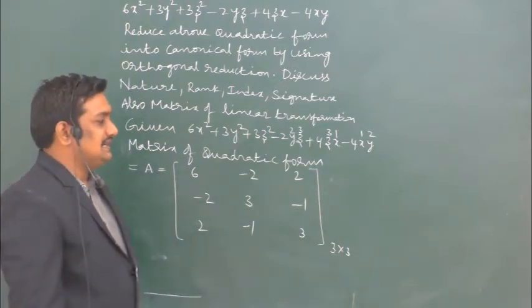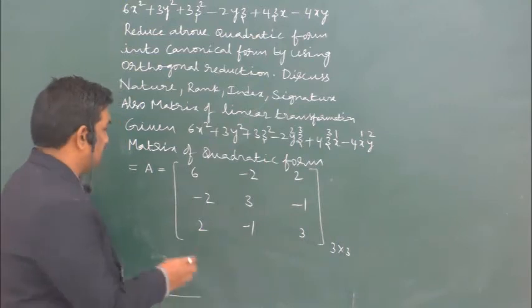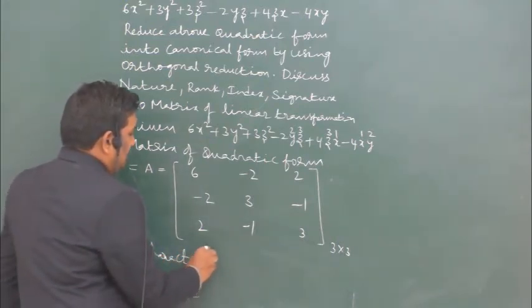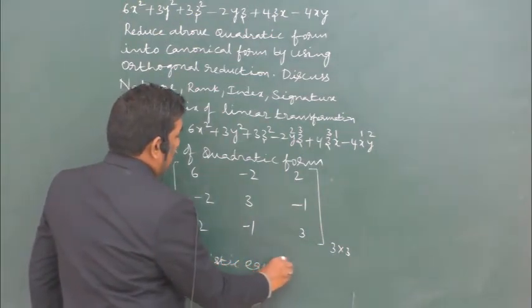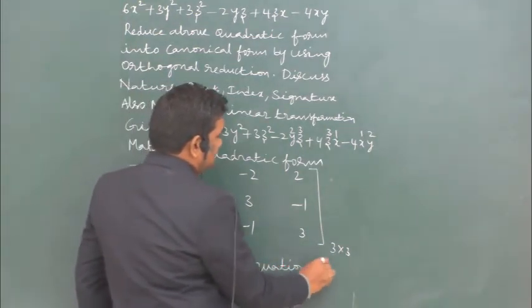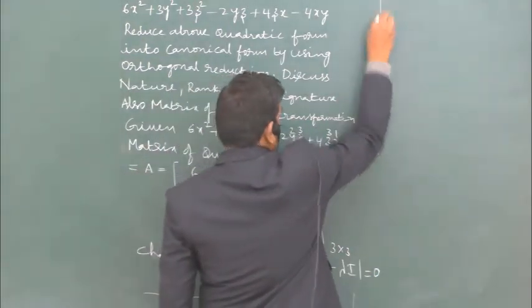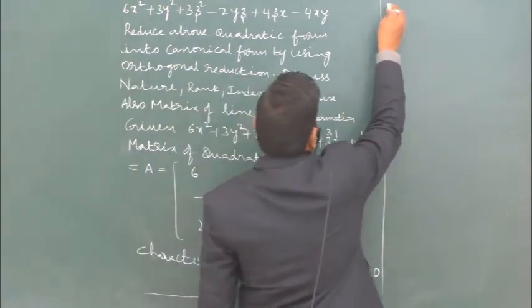Now you need to consider the characteristic equation and find its roots. The characteristic equation has the formula determinant of A - λI = 0.